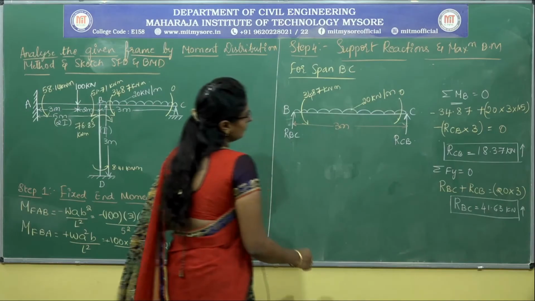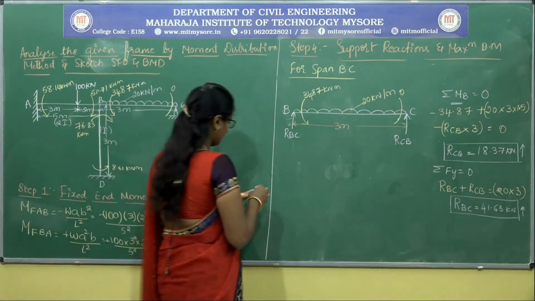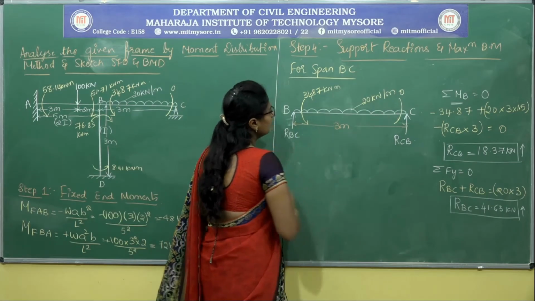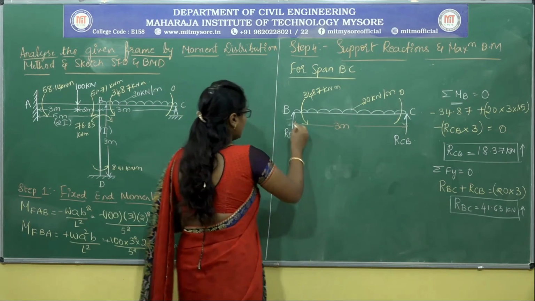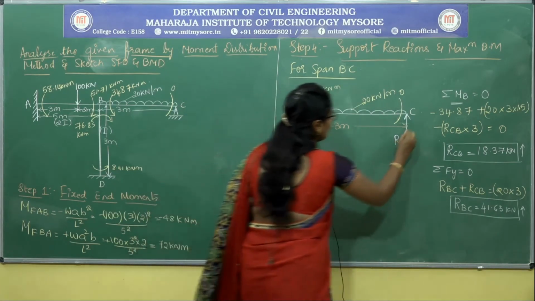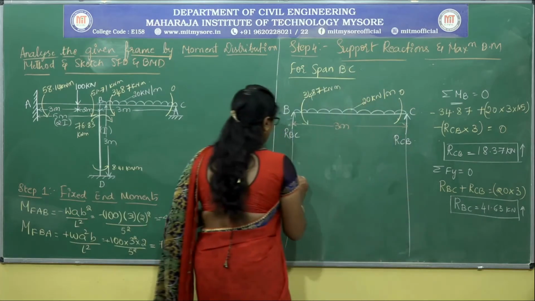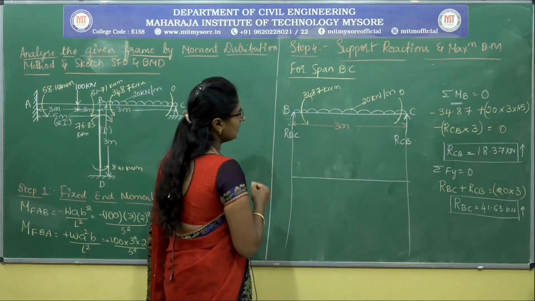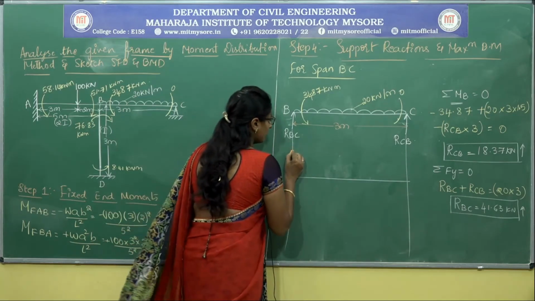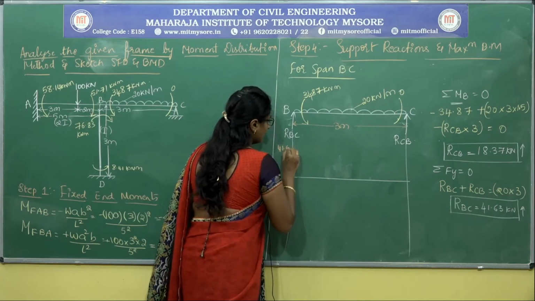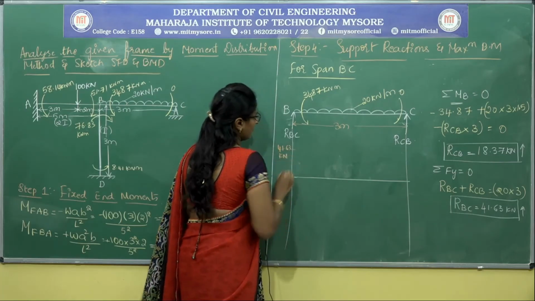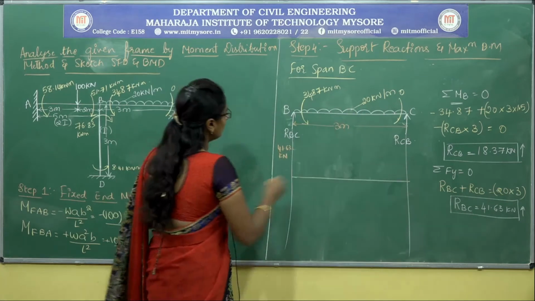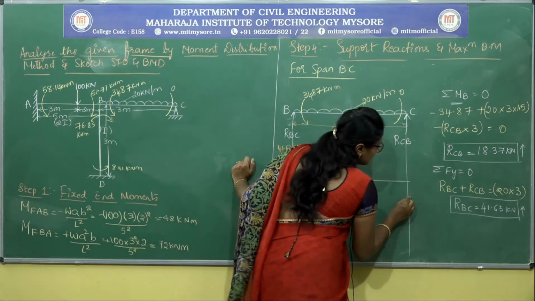Now, for this let me consider the maximum bending moment. To calculate the maximum bending moment, we need to know the point where the shear force is 0. For that I draw a shear force diagram. So, for this RBC is positive 41.63 kilonewton and 41.63 minus 20 into 3, that is 60, will give you 18.37.